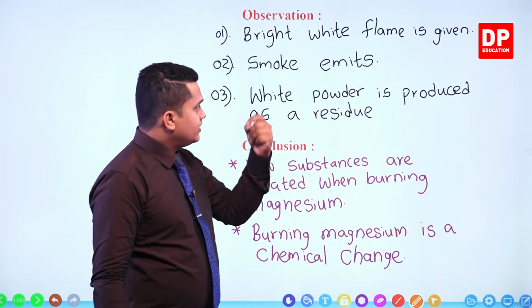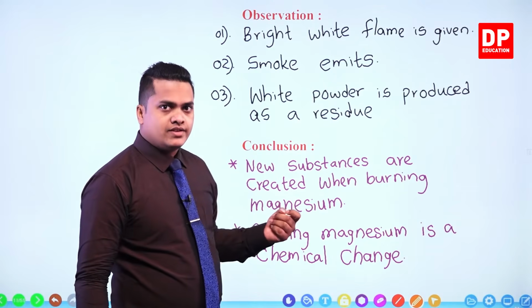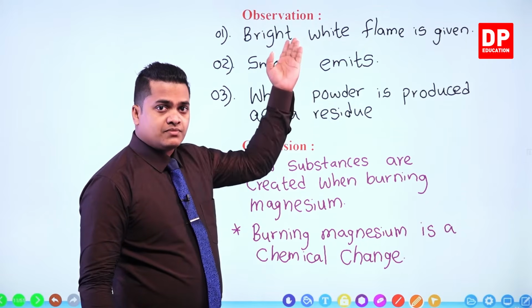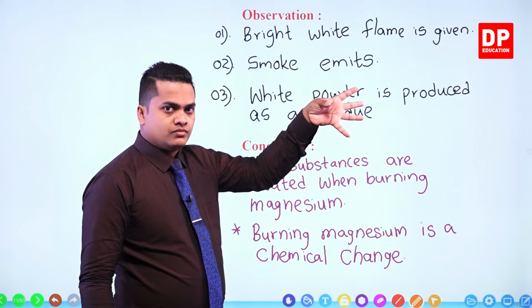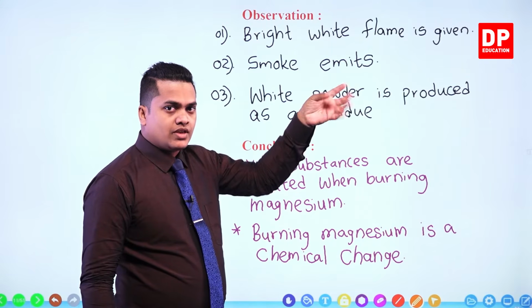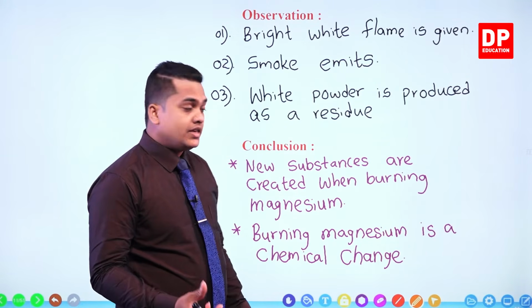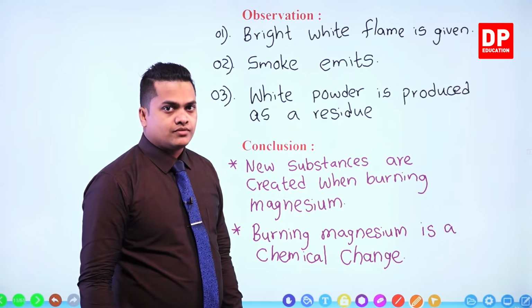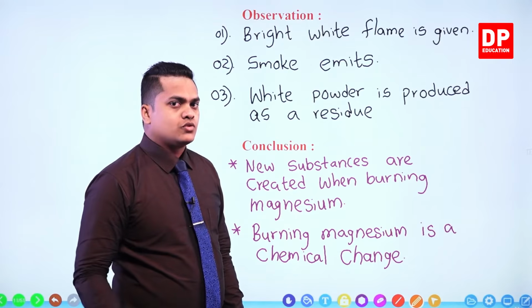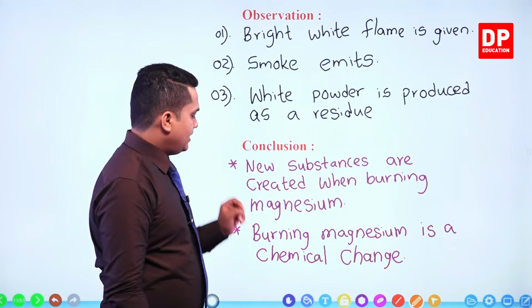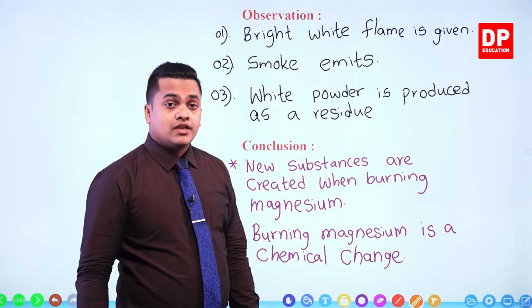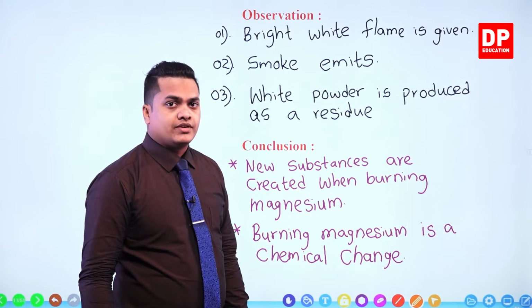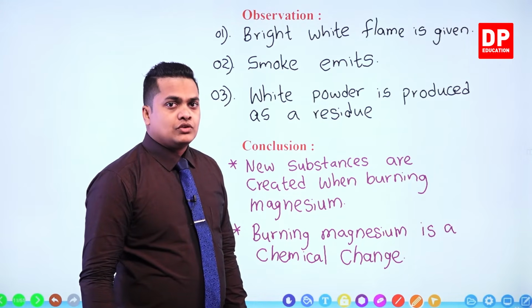White powder is produced as a residue. All of these substances are new, right? So therefore we can say that new substances have been created from this reaction or from this change. So thereby we can say that finally burning of magnesium is a chemical change, my dear children, right?